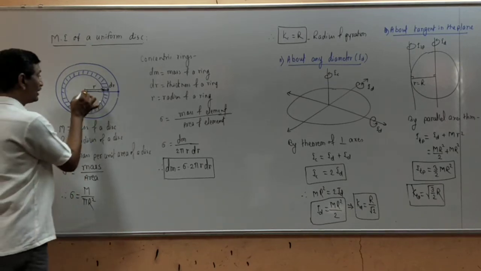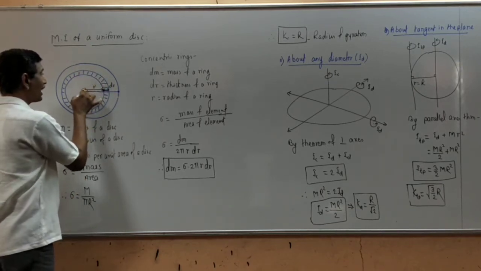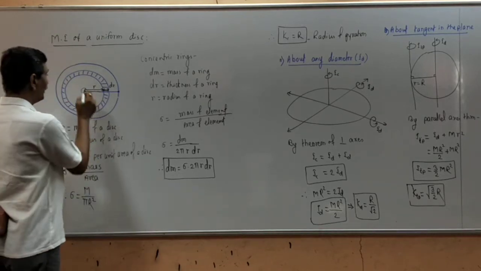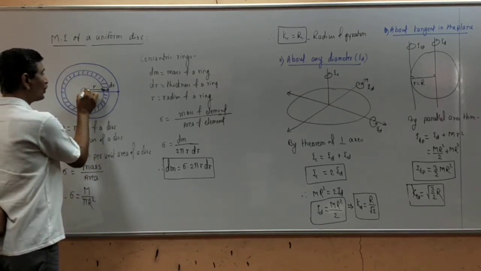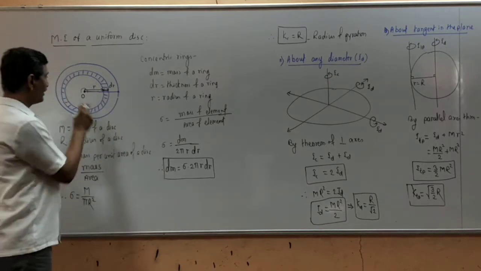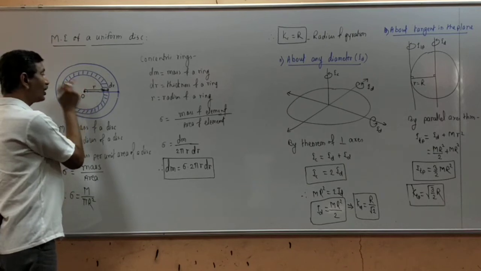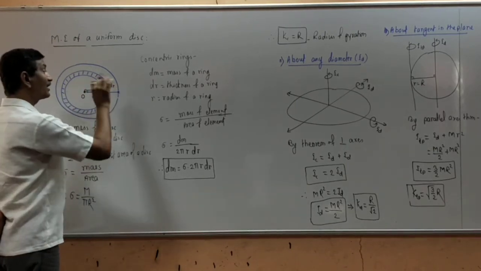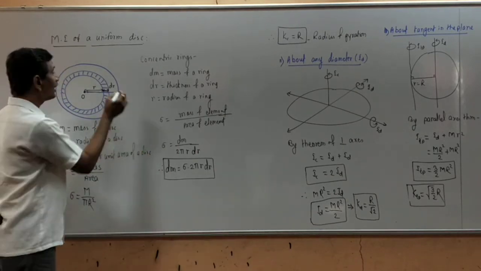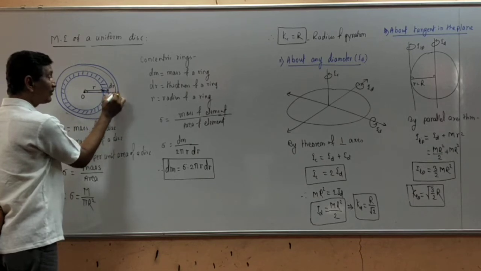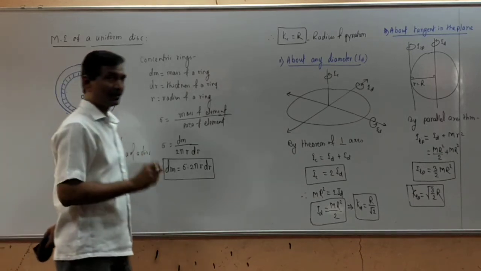Now this disk is made up of a large number of such rings. The rings vary from distance 0 to capital R. If you consider the innermost ring, it is in contact with the center, so its distance from the center is 0. If you consider the outermost ring, its distance from the center is capital R. Here we neglect the thickness of the outermost ring.